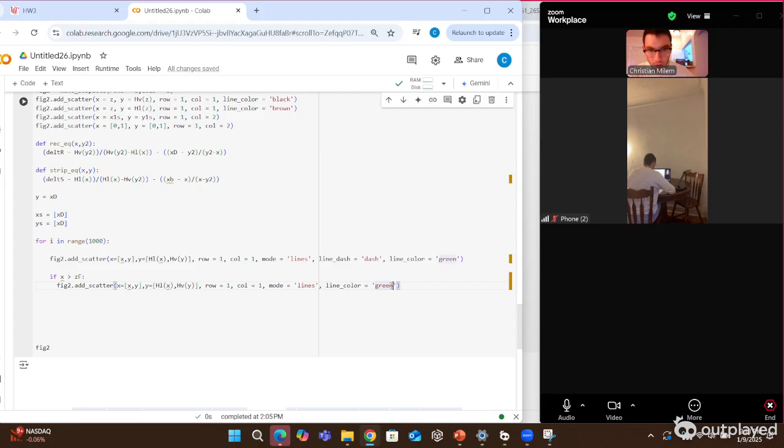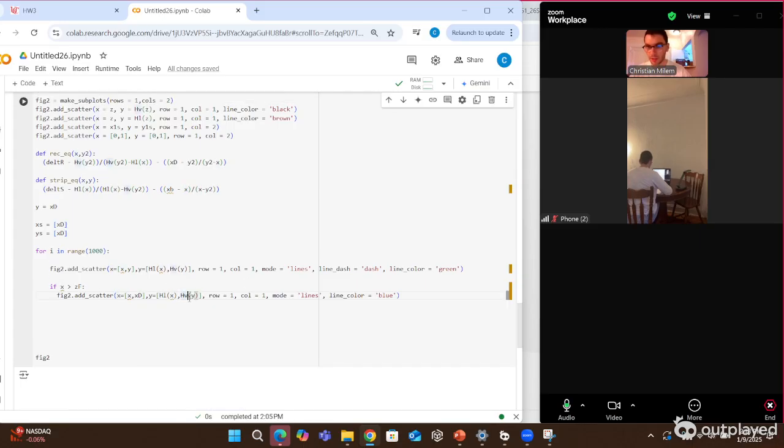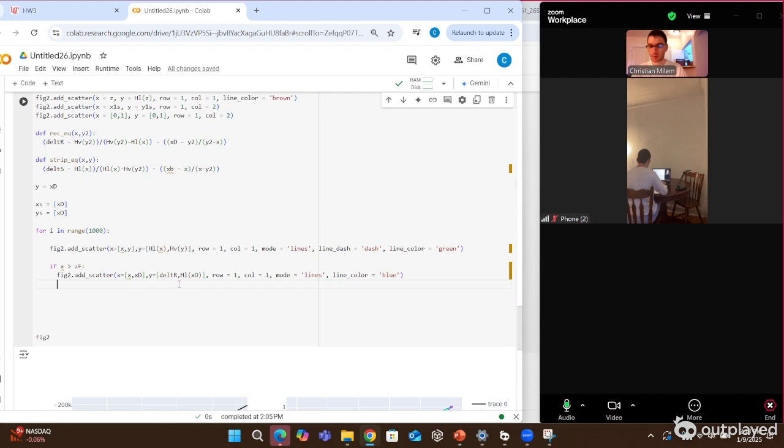We'll make it red. But this is going to be x up to xd. This will be delta R, and then HL, XD, row, column equals 1.